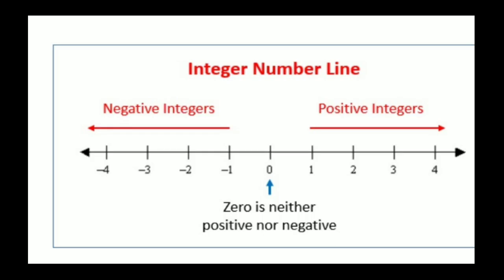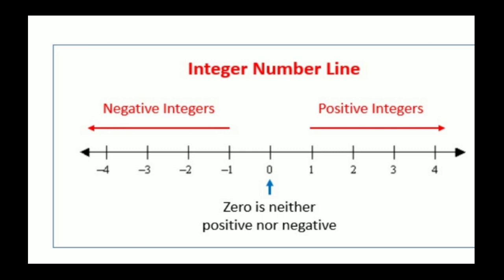After that, here I have shown you the integer number line. Now you have studied the number line in this lesson. This line is known as the number line, in which there is 0 in the center, and to the right side of the number line there are positive numbers, and to the left side there are negative numbers.